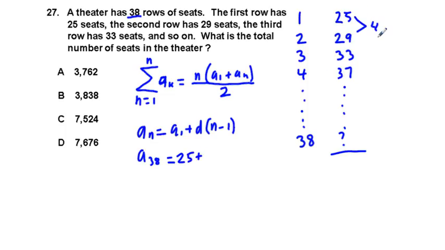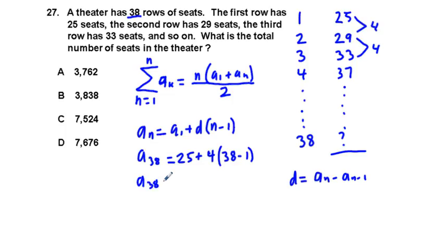Well, we're going up by 4. And our common difference is found by taking a sub n, whatever that is, minus a sub n minus 1. So if you take any term and subtract the prior term, like 37 minus 33, you'll get 4. And then n minus 1, well, n is 38, and minus 1, so that's going to be 4 times 37. So that number is going to get a little large.